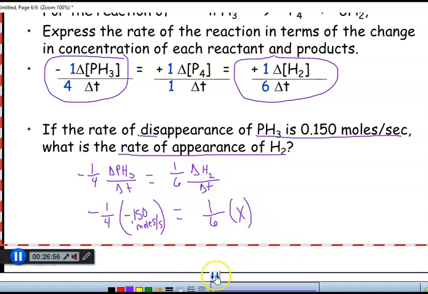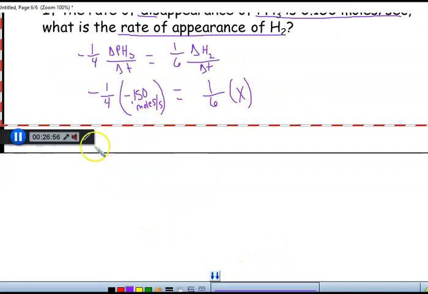Okay, so now you would start working. I took a picture of that, so that's just going to have to stay there, so sorry about that. And so if I go to work that, I'm going to come down here below all that stuff going on there, and you would get 0.0375, and we'll go ahead and keep units, moles per second.